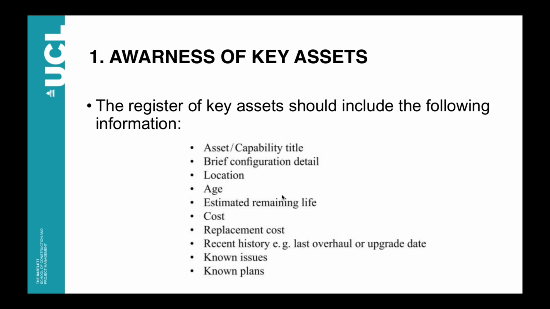This document should include the following information: obviously, the asset title, a brief description of configuration, location, age, estimated remaining life, cost, which would be the replacement cost, historic record of the asset, and what we know about related issues and future plans for each key asset.